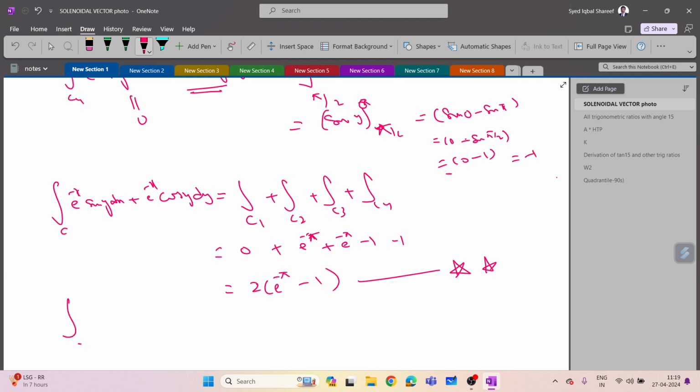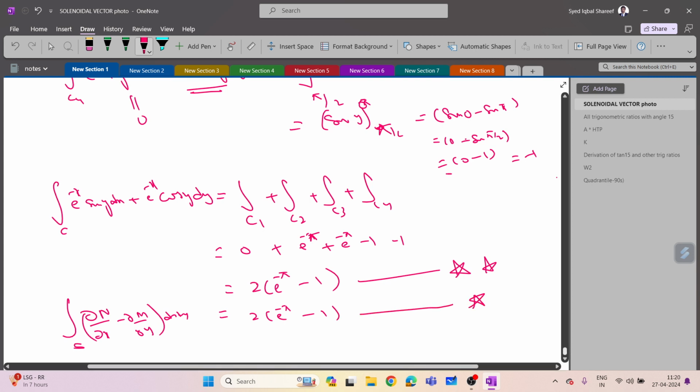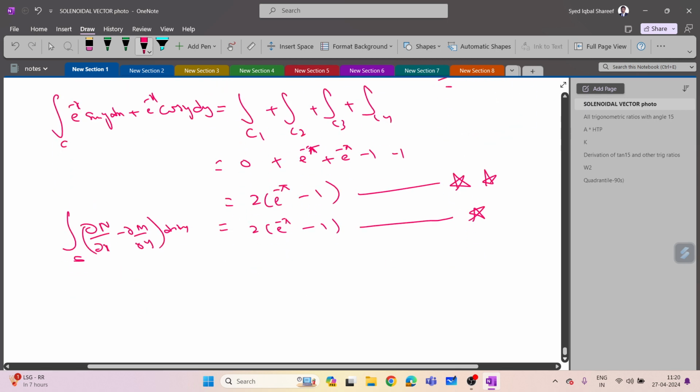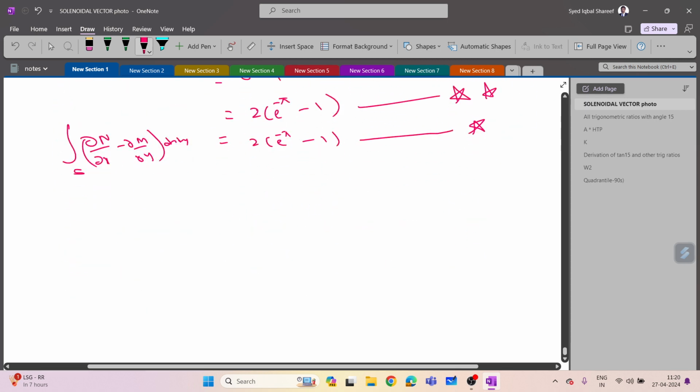But what is this integration taken over the surface of dou n by dou x minus dou m by dou y dx dy, we have done. What was the answer? The answer is 2 e to the power of minus pi minus 1. So we get the same. That means Green theorem is verified.